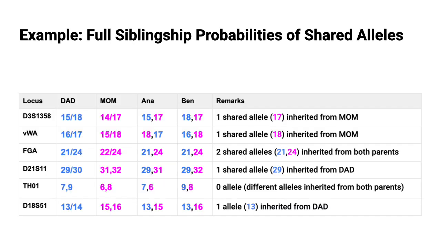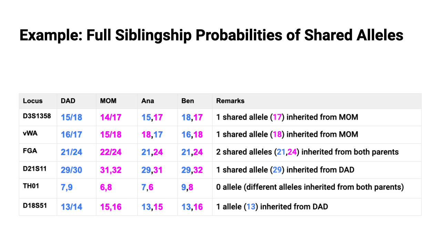This table illustrates how siblings may share alleles at different loci. Notice that at some loci, the siblings share one allele, at others they share two, and in one case they share one. This mixture is normal for full siblings. A key point here is that allele sharing alone does not prove siblingship.